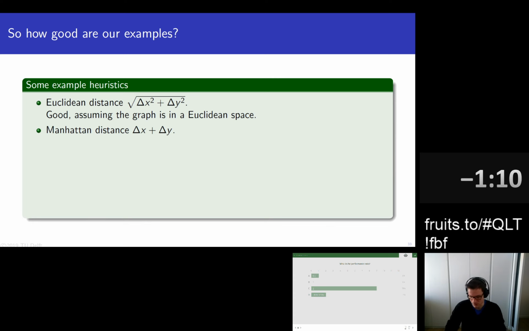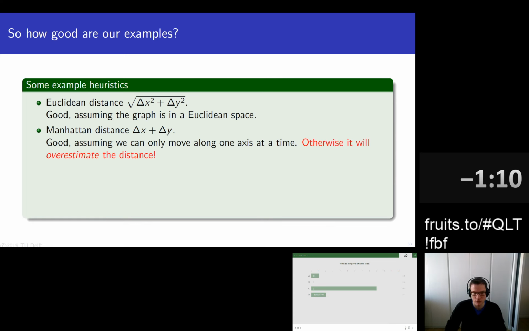The Manhattan distance, again, well, yes, assuming that we are in a Manhattan space, so that we can only move at one axis at a time. If not, if I can also move diagonally, let's say, then this thing will overestimate distances and therefore ensure that our algorithm produces the wrong answer. So Manhattan distance is a good heuristic, provided that I can either move diagonally, horizontally, or vertically, but not both at the same time.